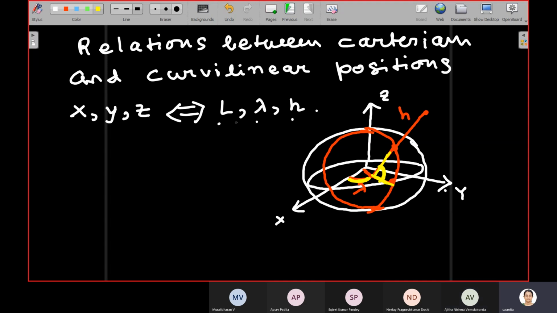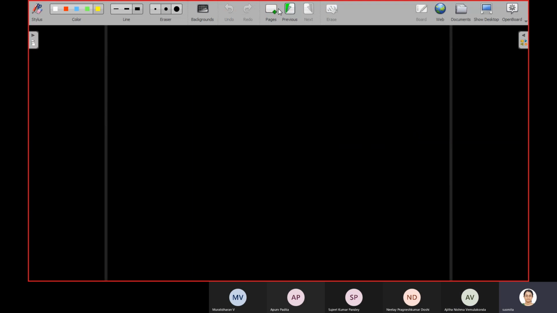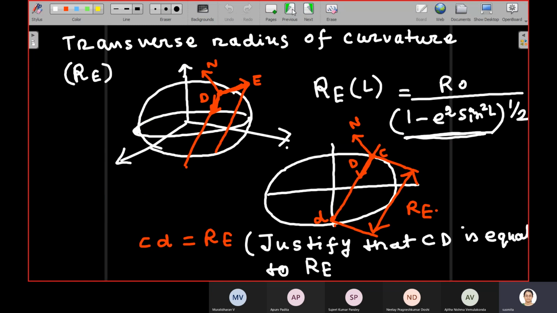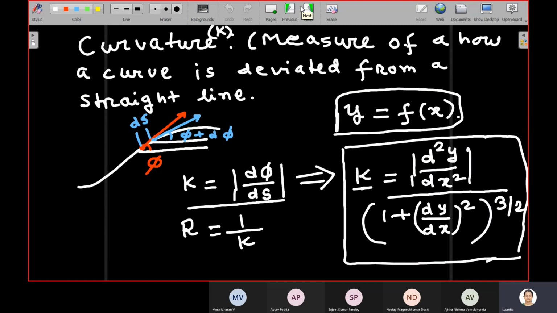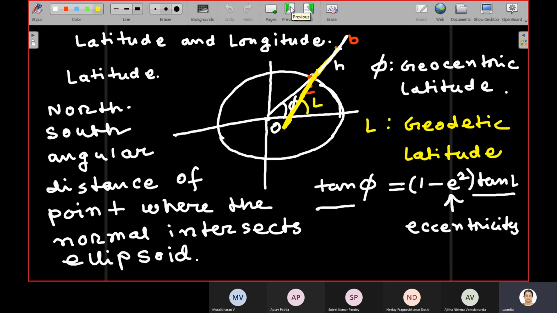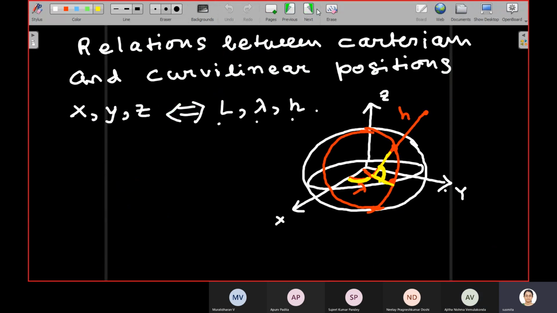What is the notation for geodetic latitude? L. Then did I write phi there? I did not write phi there. So this is L, correct?